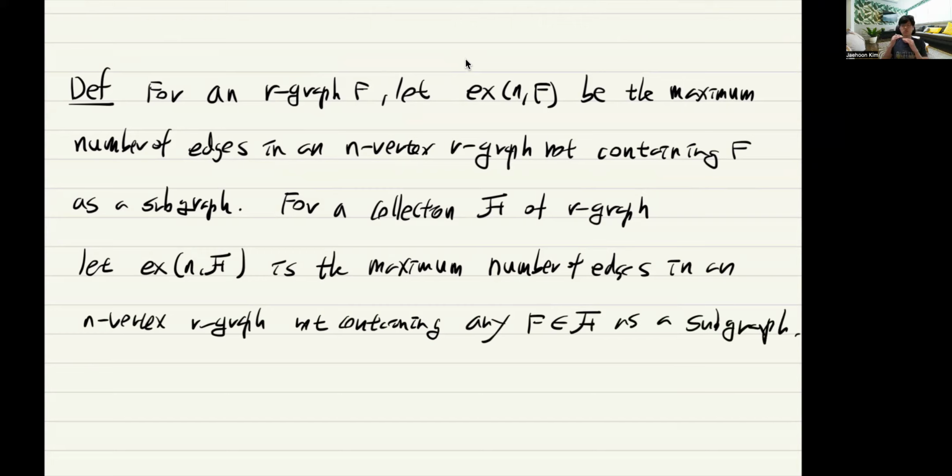In other words, if you have a graph with the number of edges bigger than this extremal number, then you are able to find at least one of these inside of G. Not all of them, but at least one of them.